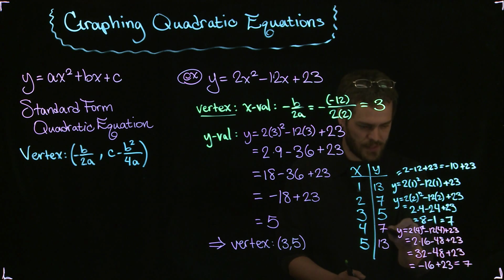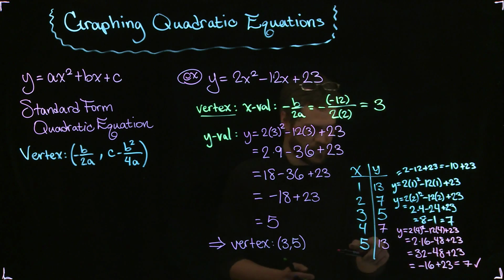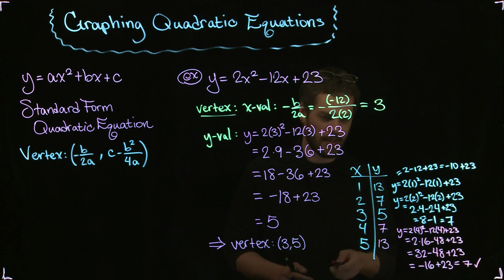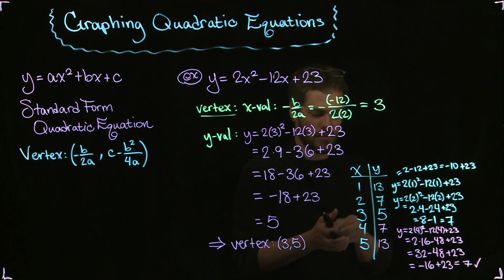So that one verifies this. I'm just going to leave this 13 over there and say that by symmetry it should be 13, and I'd like you to check it out on your own.